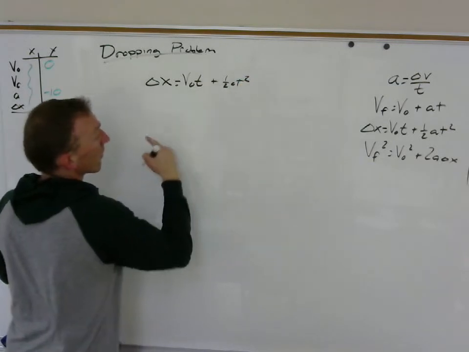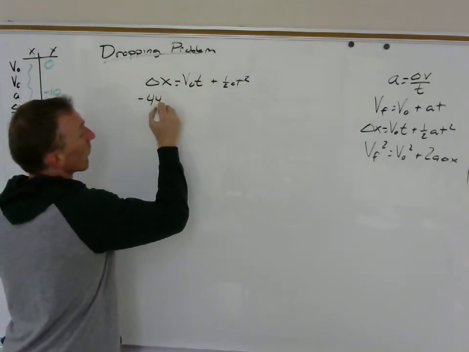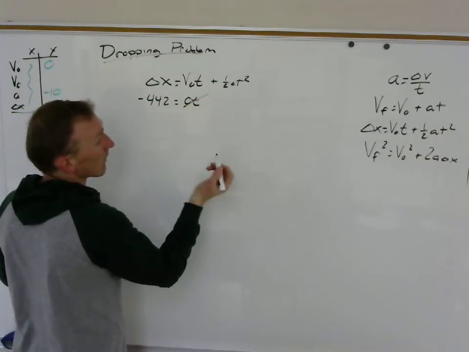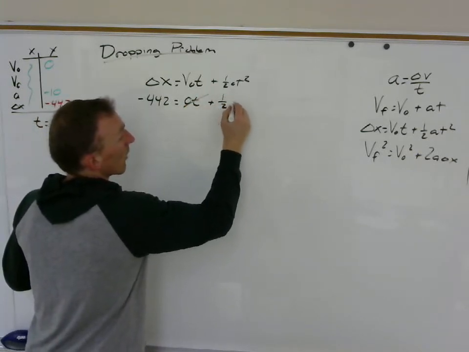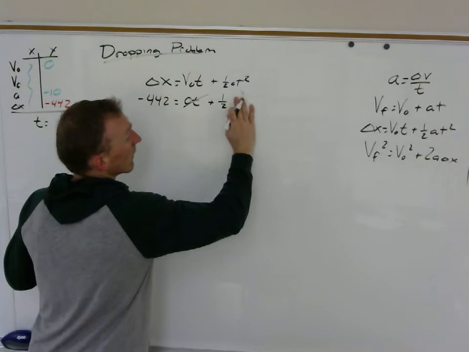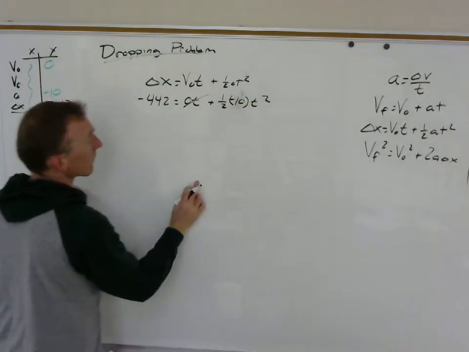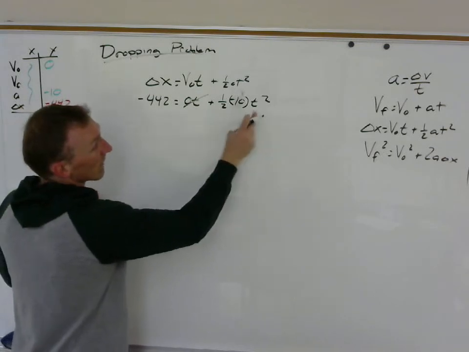So this is negative 442. My initial velocity is 0t, so that's going to be eliminated, plus 1/2 negative 10 times t squared. All right, since this is eliminated, we just have the t squared. This is not a quadratic.